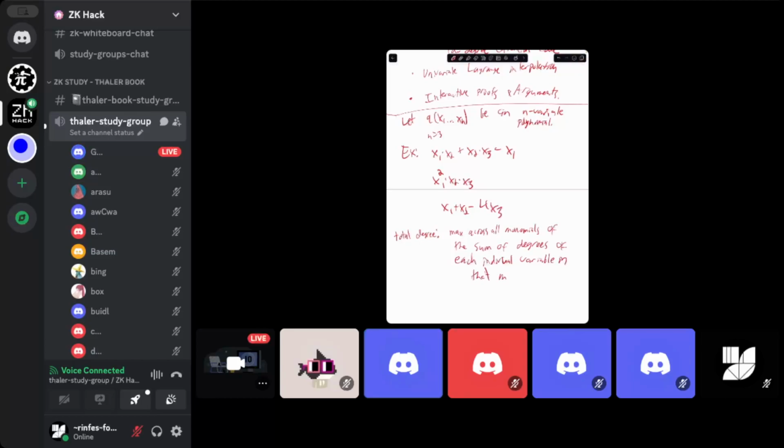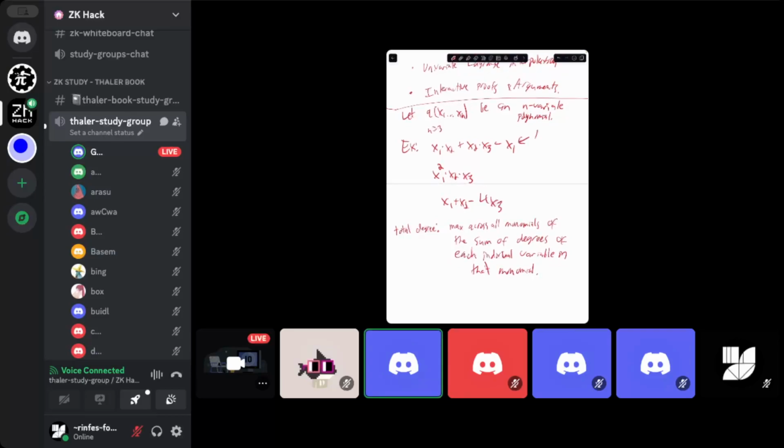Coming back to these examples, this first one has total degree 2, because this term has total degree 2, since it has degree 1 in x1 and degree 1 in x2, and 1 plus 1 is 2. This term also has total degree 2.